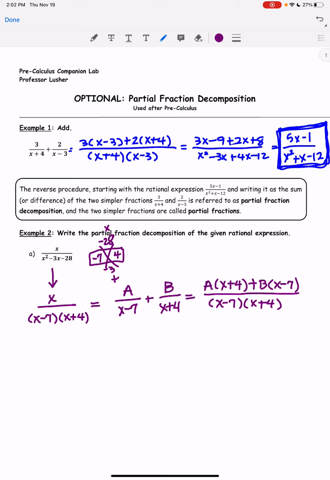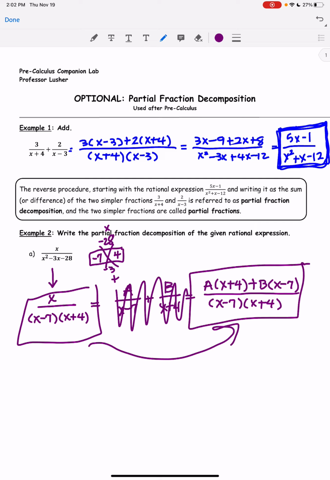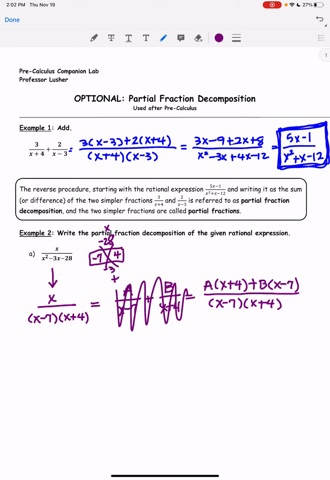Okay. So after that, it's almost like you're not looking at this middle portion here. You have this expression equals this expression here. Okay, and I'm going to write this out, but I wouldn't on your paper.